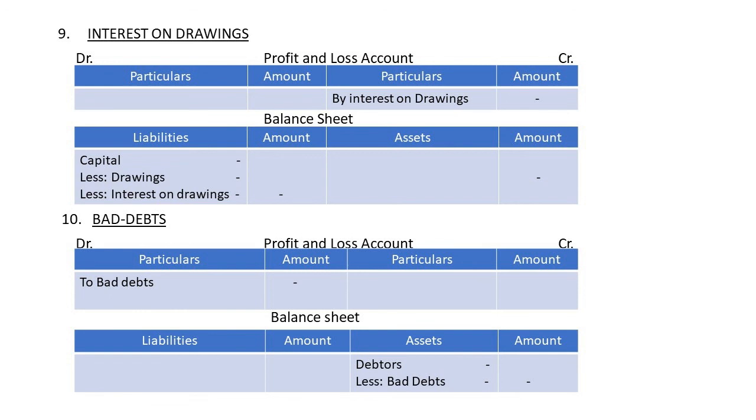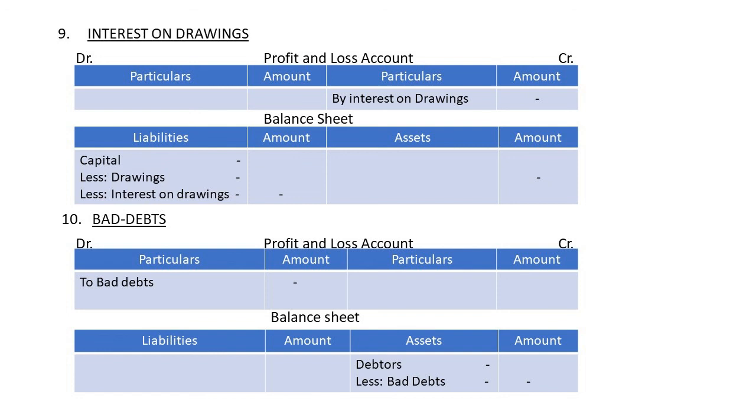Now sometimes debtors, for one reason or the other, are unable to pay the amount due either fully or partially, and then the amount that is not receivable or not recovered is called bad debts, which is a loss for the business. Now the accounting treatment of this bad debts depends on where it appears.